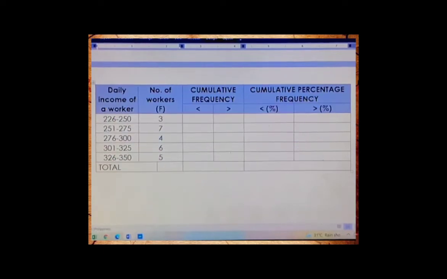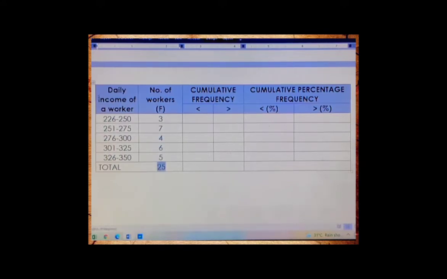Now I have here another example for finding the cumulative frequency lesser than and greater than, and also the cumulative percentage frequency lesser than percent and greater than percent. First, we are going to add the number of workers, the frequencies 3, 7, 4, 6, and 5, and the total number of workers is 25.